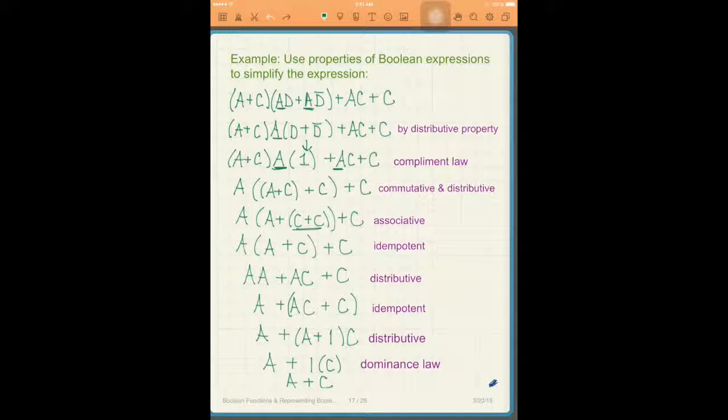Then you can use the distributive law again. If you have a and a, that's just a. Then you can look at what you have left and again, quote, factor or use the distributive property by pulling out a c. If it's a plus 1, the dominance law says if you have a or 1, then you're just going to get back 1. So this large Boolean expression does reduce to just a plus c.